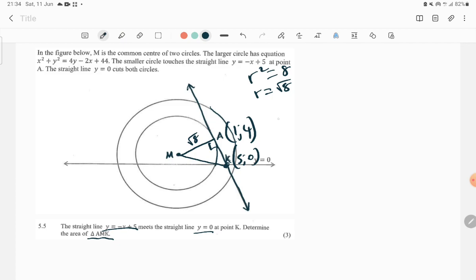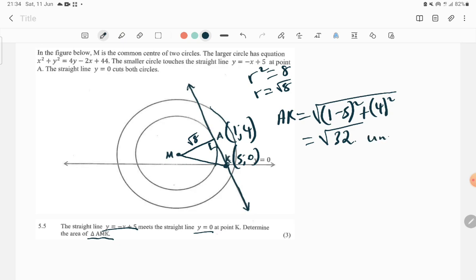Then we can use the distance formula to calculate AK. AK is equal to the root of (1 minus 5) squared plus (4 minus 0) squared. What are we having? 4 squared is 16, another 4 squared is 16, which is just root 32. So AK, this distance, is root 32 units.